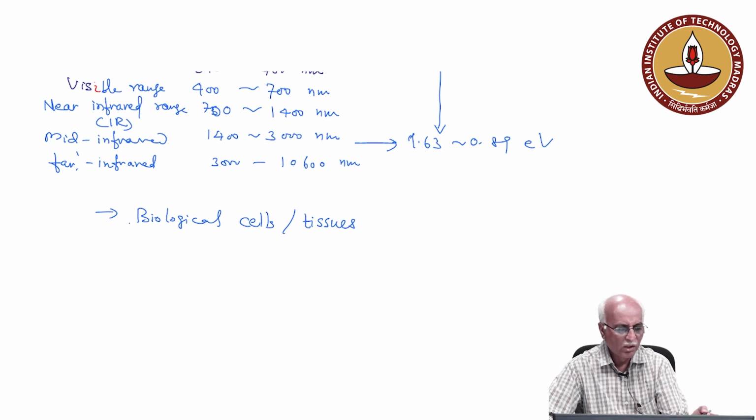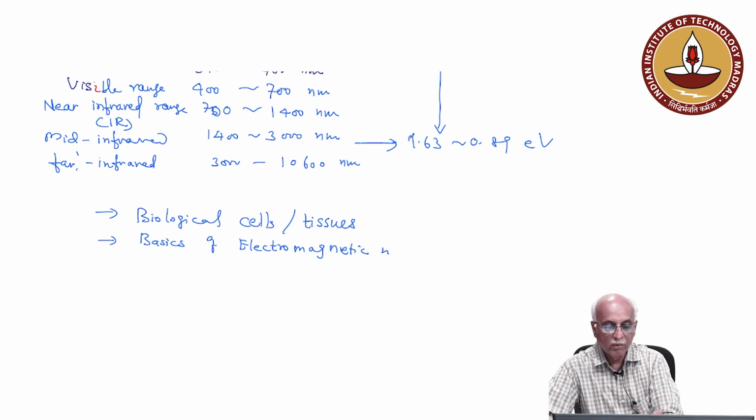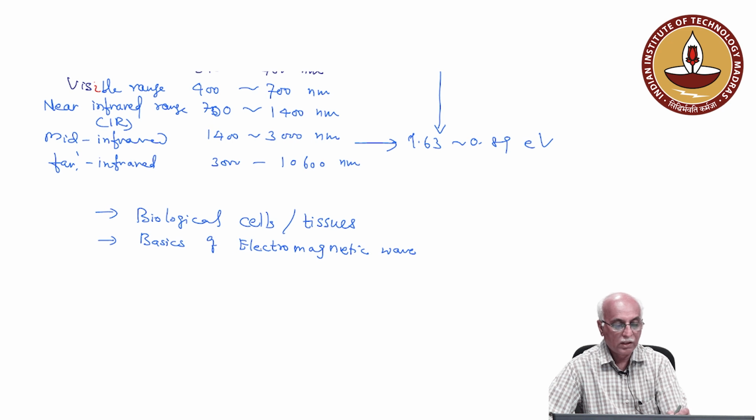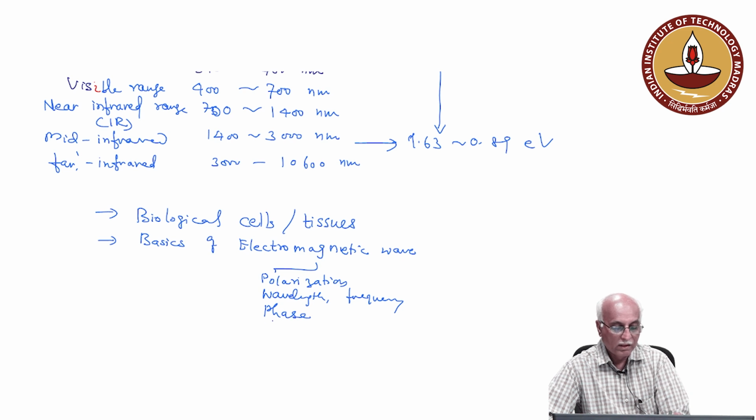So biological cells and tissue, some basics, and then we will get into the basics of electromagnetic waves or optical waves, in order to understand some of their physical parameters in terms of polarization and its influence, wavelength, frequency, of course, and phase, parameters related to the phase of the electromagnetic wave.